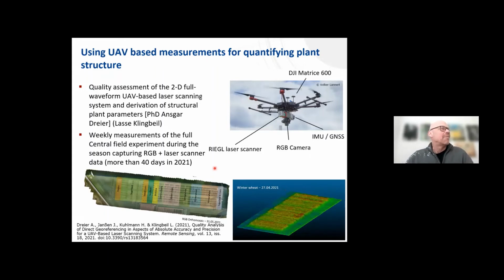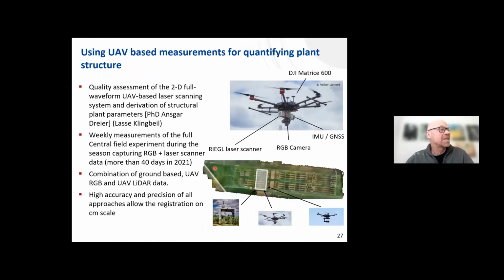And now that Ansgar has the measurement system in hand, he has also done a detailed analysis on the precision and accuracy that can be achieved in the combination of a wobbly drone, which nevertheless has a high resolution GPS IMU system, and this laser scanner.